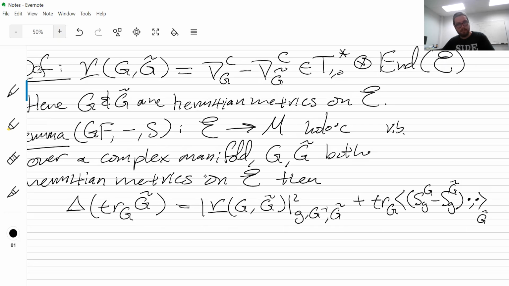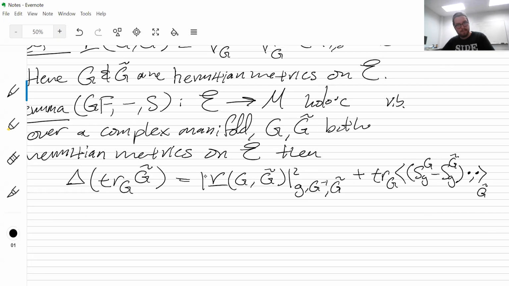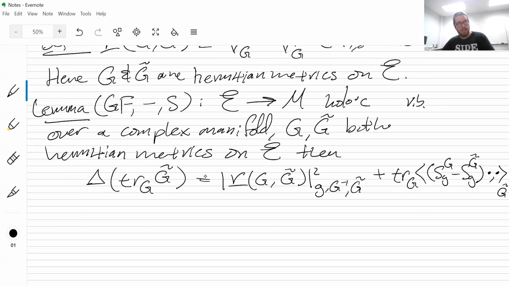Where does this come from? Well, it's really just a specialization of our prior lemma. It's just this Schwartz lemma for holomorphic Hermitian vector bundles with M equals N, F equals E, and phi equals the identity map.